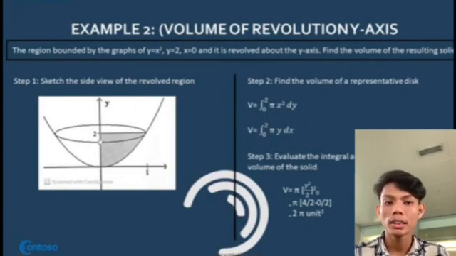Why is the answer 4 over 2 minus 0 over 2? Because y squared with y equal to 2 gives 4, so the answer is 4 over 2. So the final answer is 2 pi unit volume.